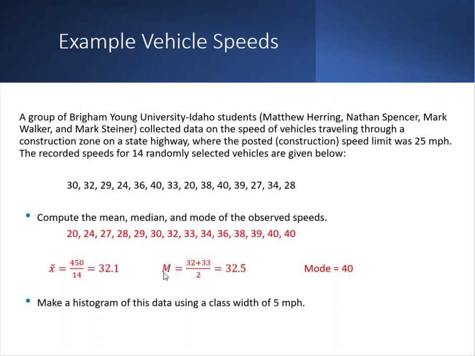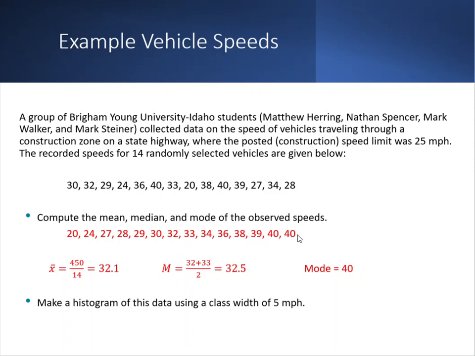To find the median, remember that we had 14 values in this set, so that is an even numbered set. The median would be the halfway point in my set. When my set is even, you would consider 7 speeds down one half of it, 7 speeds down the other half of it.